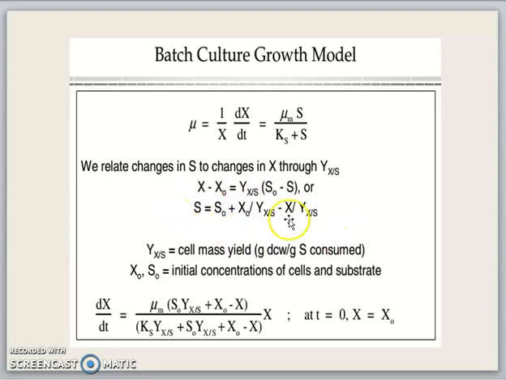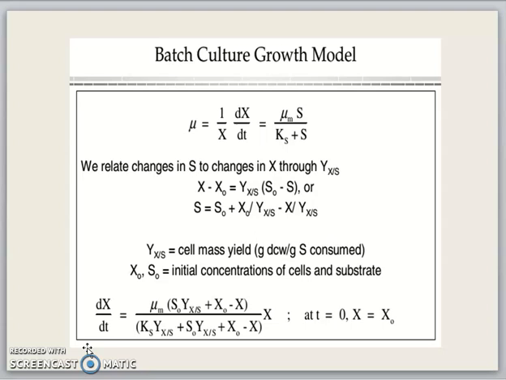Then substitute this s into the equation, and you will get the equation below: dx/dt equals mu m x (s naught Yxs plus x naught minus x) over (Ks Yxs plus s naught Yxs plus x naught minus x), times x, where at t equals 0, x equals x naught.